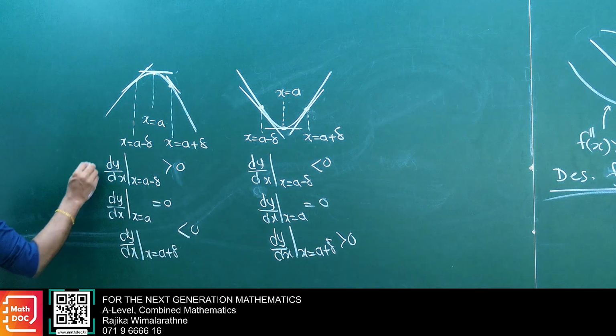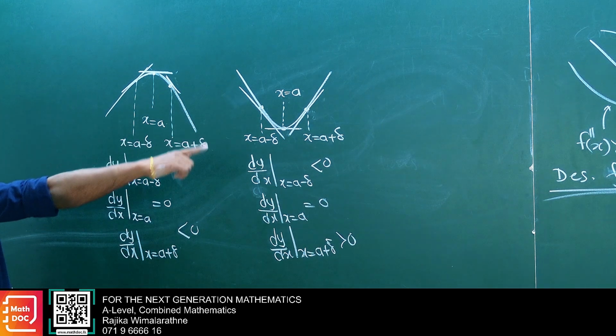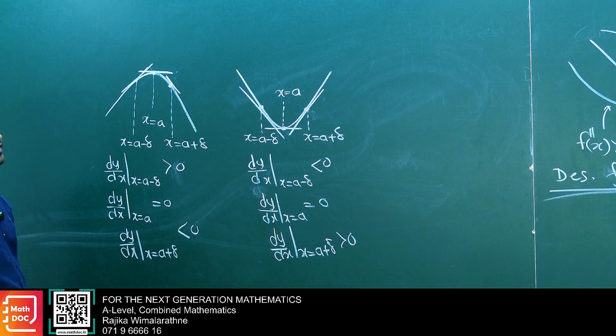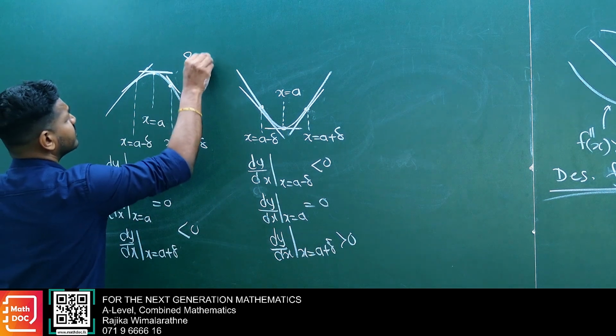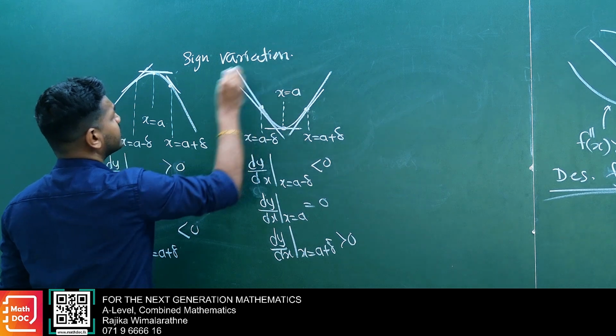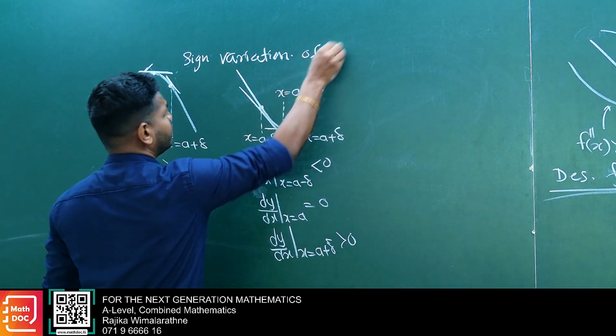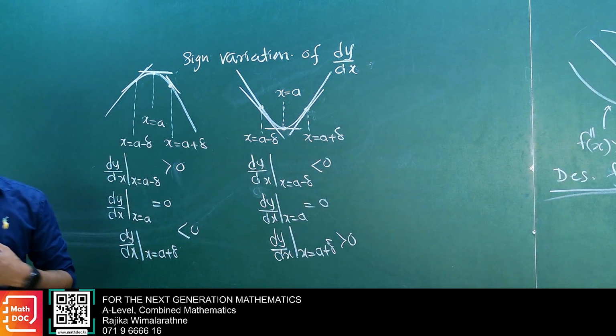So here sign variation of the derivative. Okay, put it sign variation of the derivative, of dy by dx.